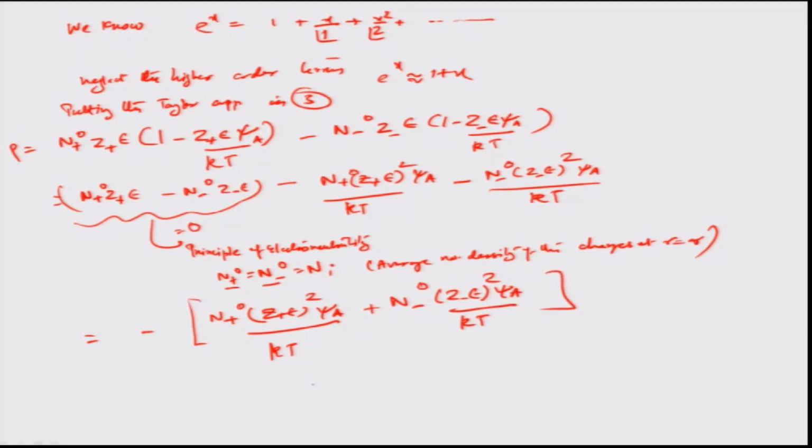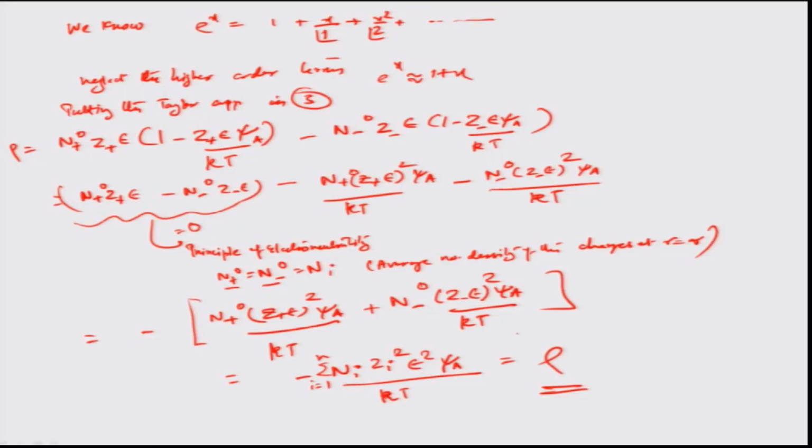So, we can represent this as minus of sigma Ni, where sigma is a summation of all different charges varying between 1 to, let us say, n charges, where n includes both positive as well as negative charges, Zi square epsilon square psi a by kT, and this becomes equal to the charge density rho at the point in the near vicinity of the positive central charge of interest.